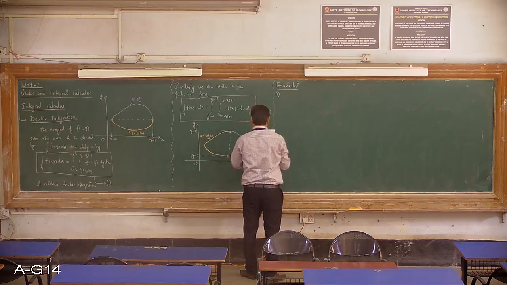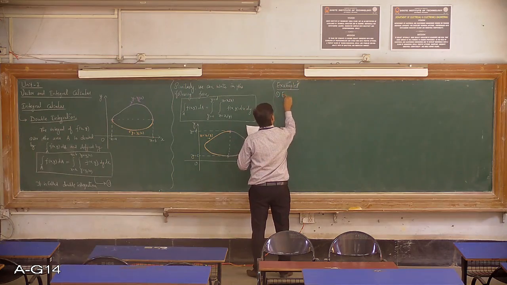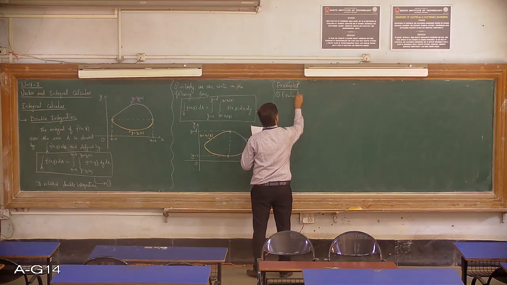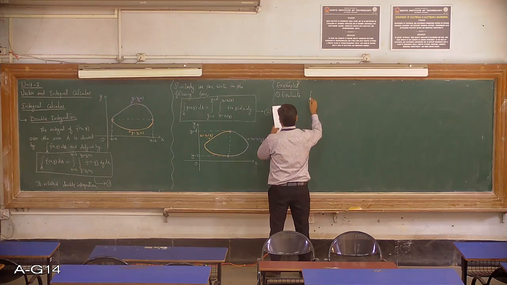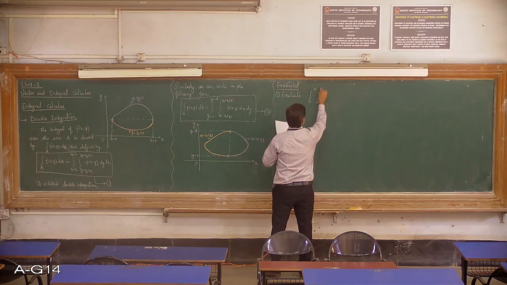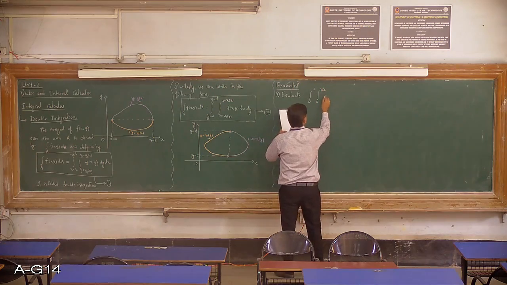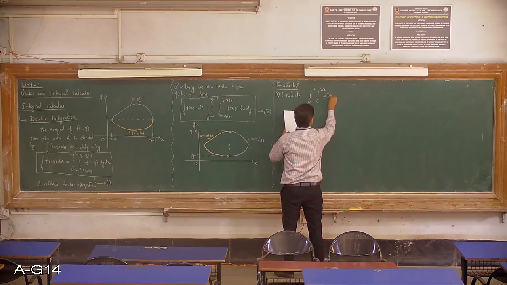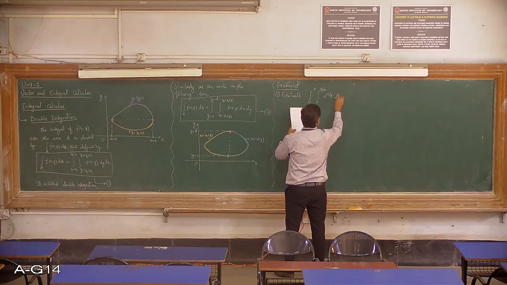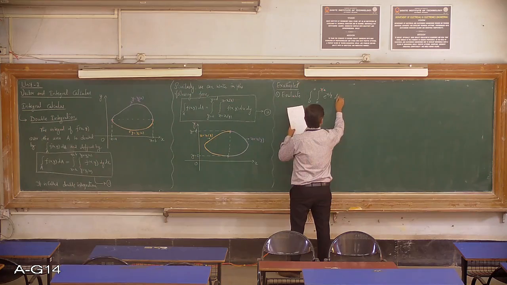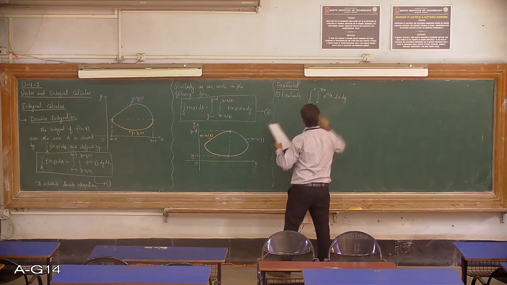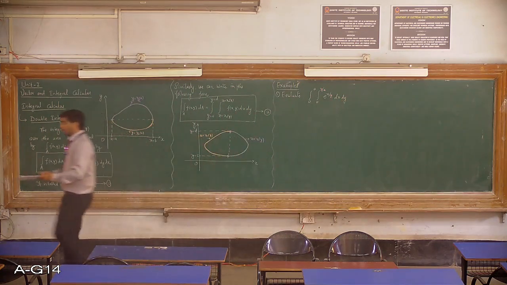First one, evaluate the integration from 0 to a, integration from 0 to y by a, of e to the power x by y, into dx into dy. This is the first example we have.